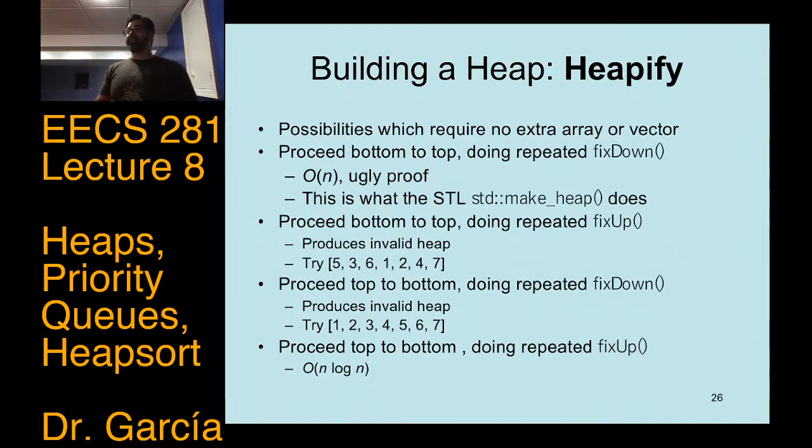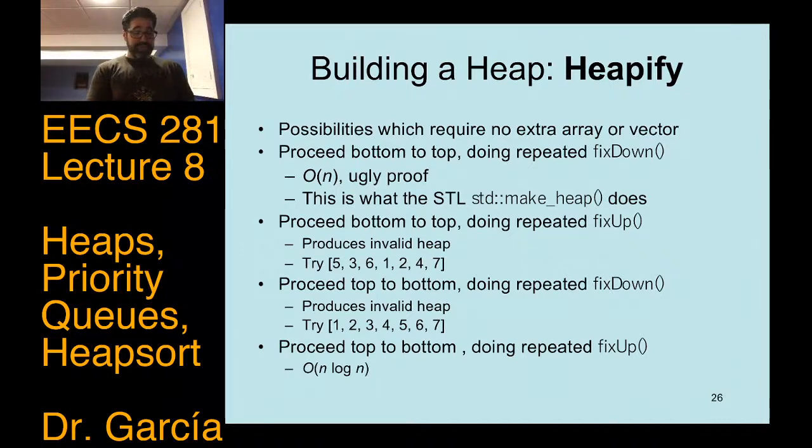Top to bottom means I'm iterating over the heap array from left to right, and bottom to top means I'm iterating over the heap array right to left. The reason it's analogous is that in the array that represents a heap, the elements closer to the root, at the top of the tree, are to the left of the array. And from half of the array onwards, those are all going to be leaves, at the bottom of the tree.